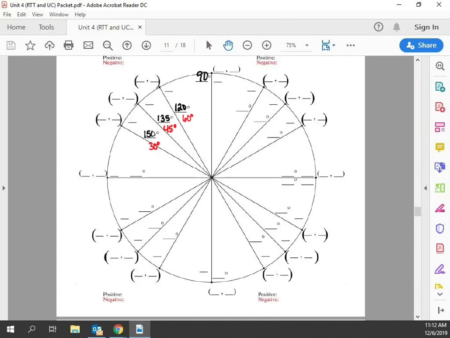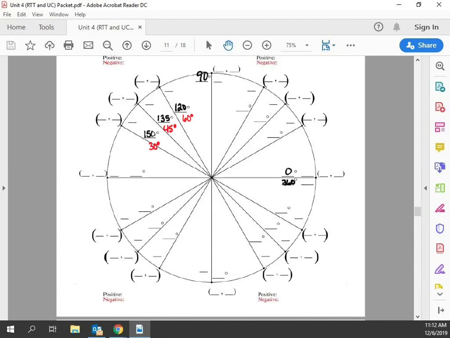Just because I want to make this complete, guys, and we have time to do this, I'm going to move the stuff we just did above into the first quadrant here. Yes, it means you have to write it again. Sorry, but I want to see a completed unit circle for our notes today.